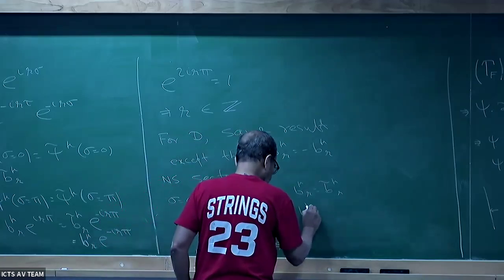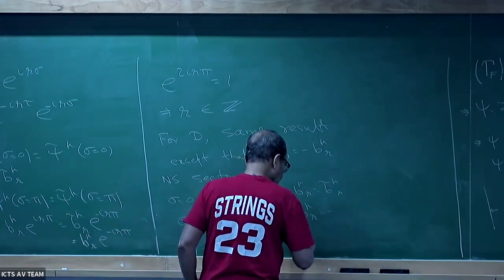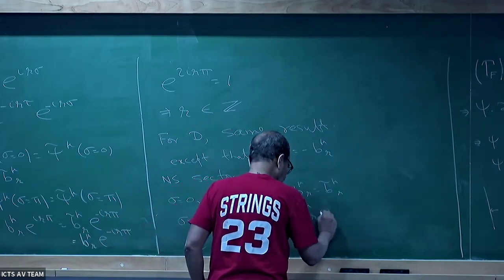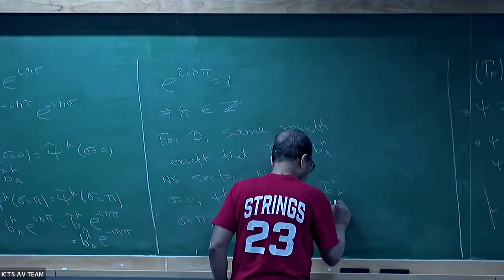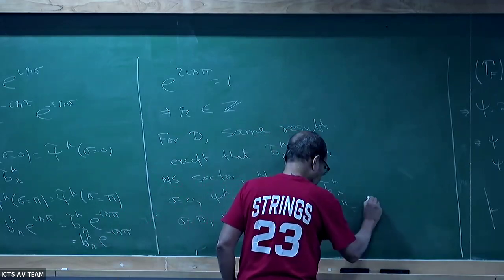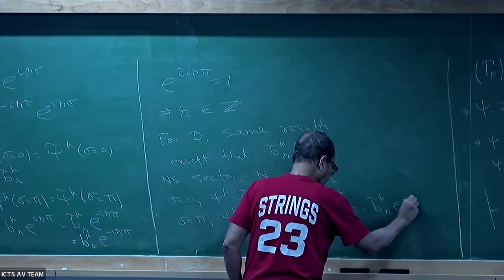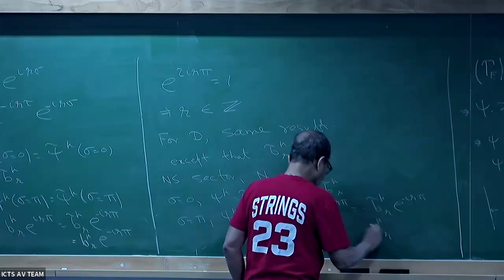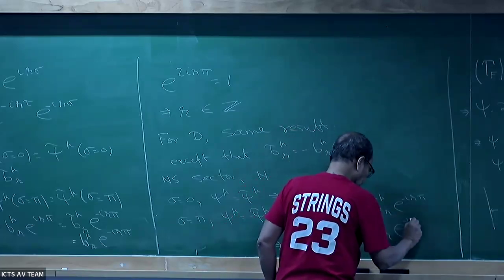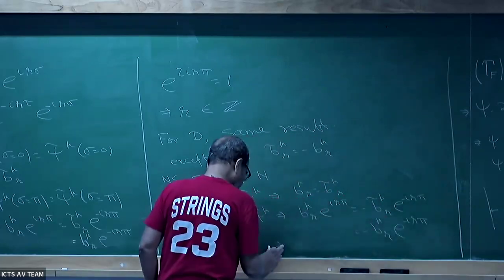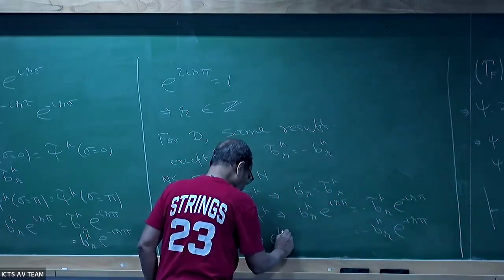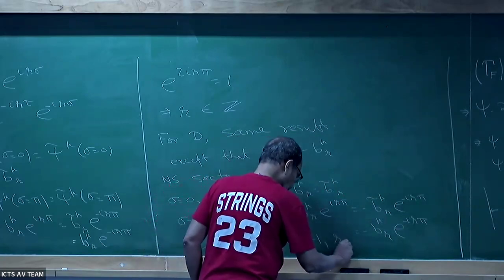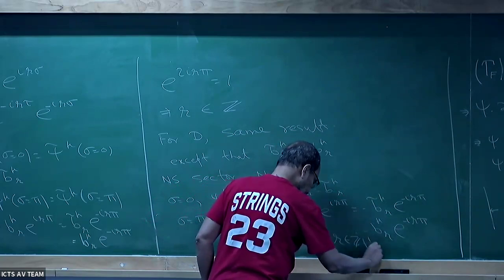So B mu r e to the power I r pi is minus B tilde mu r e to the minus I r pi. So this is minus B mu r from here, e to the minus I r pi. So this gives you e to the 2 I r pi equal to minus 1. So r belongs to half integer, Z plus half.